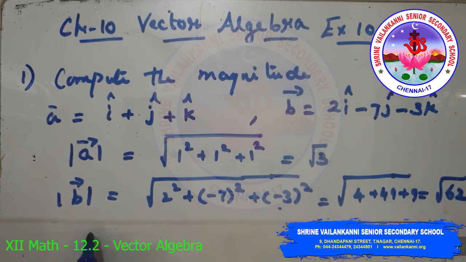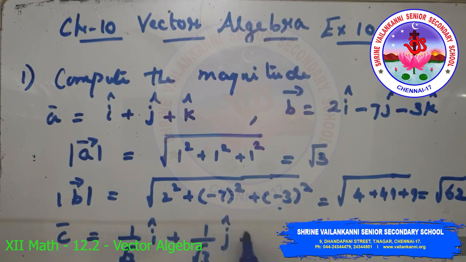And the third vector is C equal to 1 by root 3 into i plus 1 by root 3 into j minus 1 by root 3 into k.